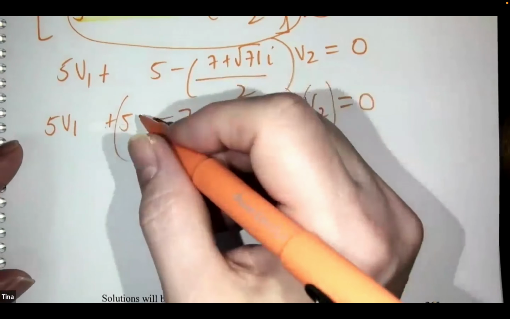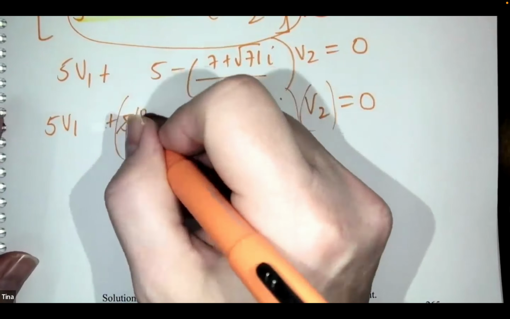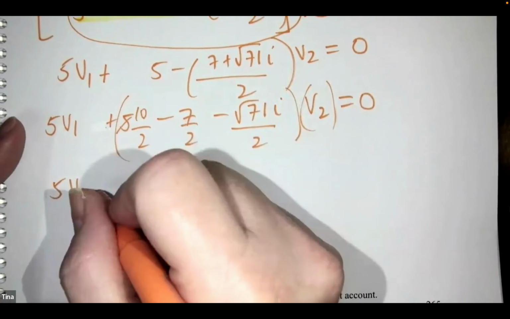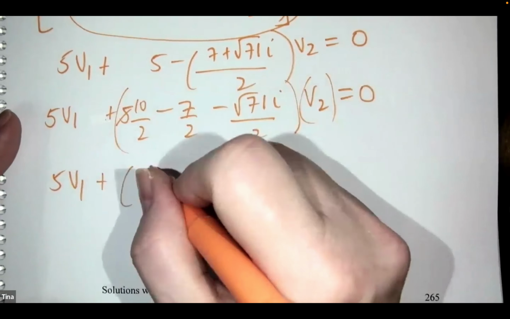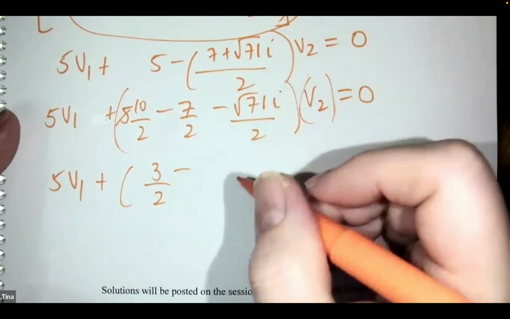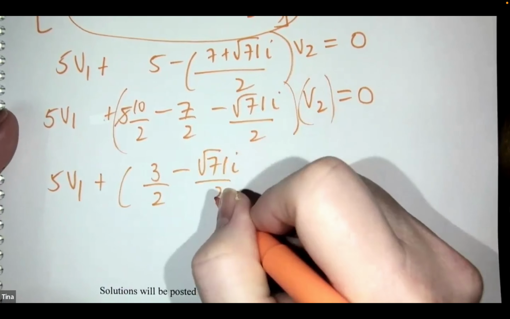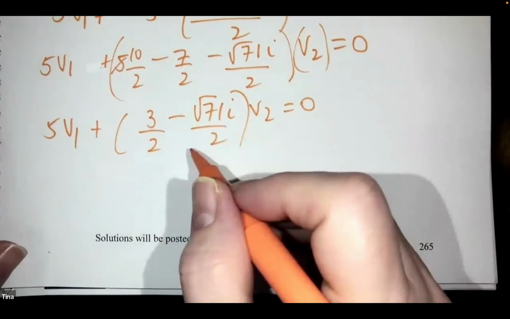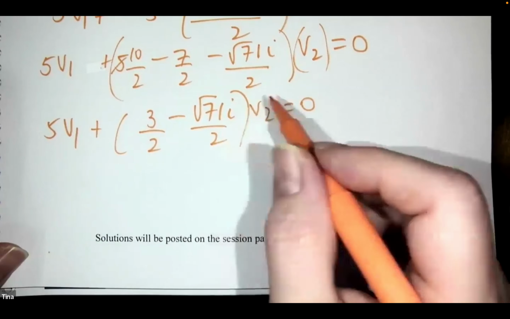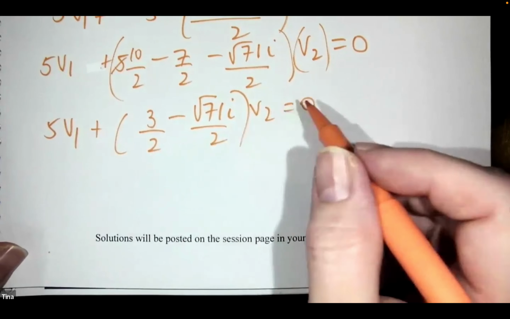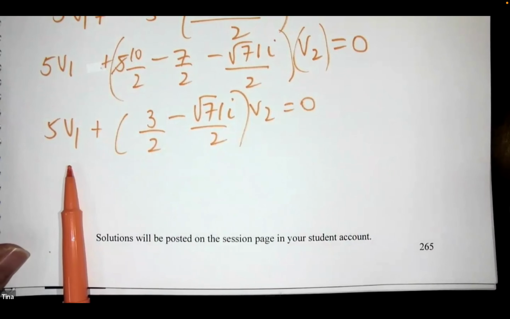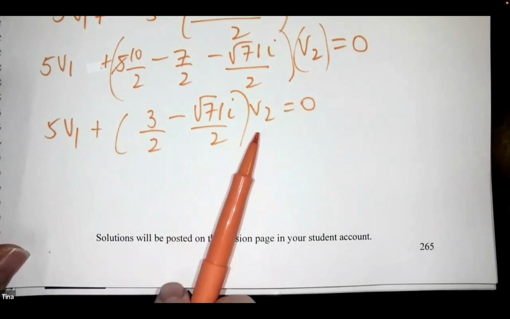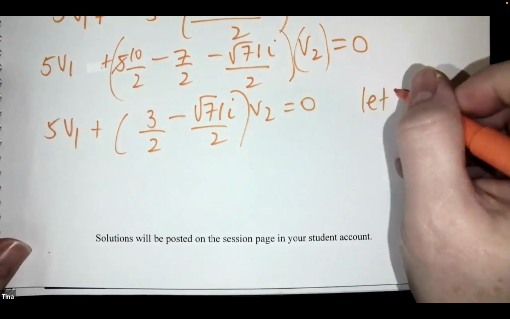I could write this all over 2. This would be like 10 halves. So 10 halves minus 7 halves, so that's 3 halves minus root 71i over 2 v2. So if I bring the v1 over, maybe I should just let v2 be 2, to get rid of the fractions.